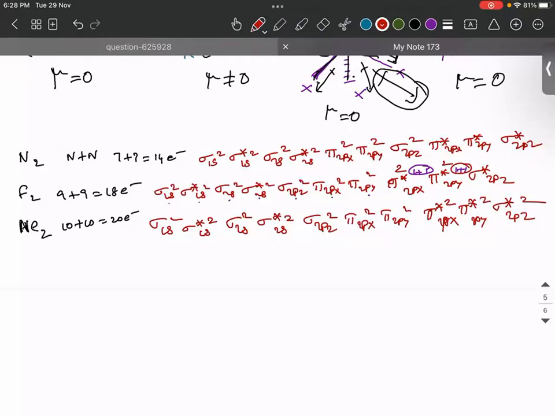Now you calculate the bond order. What is the bond order formula? 1 by 2 (NB minus NA). For N2, it becomes 6 by 2, then it becomes 3.